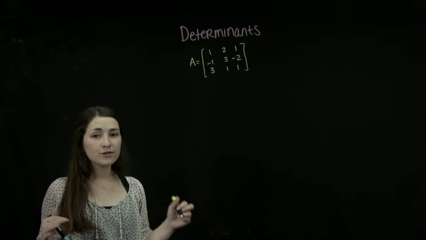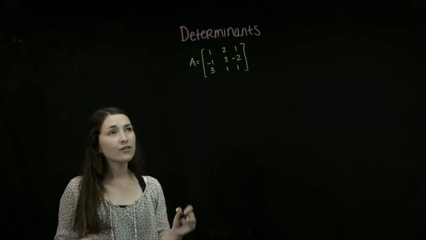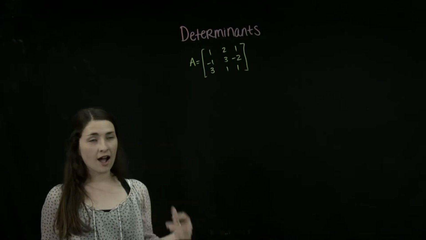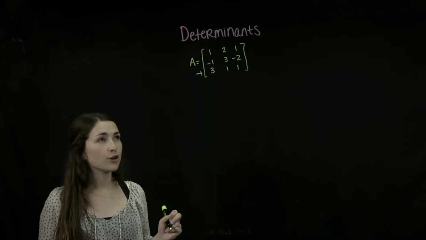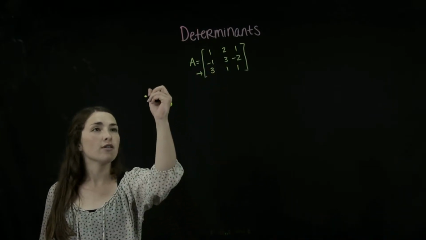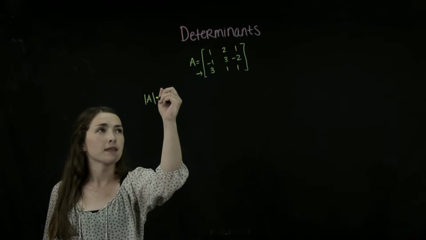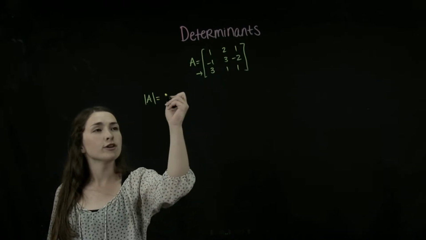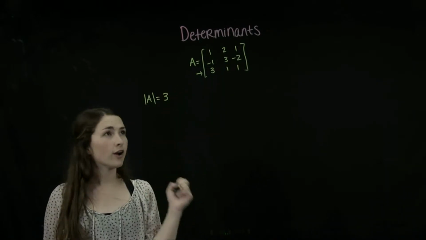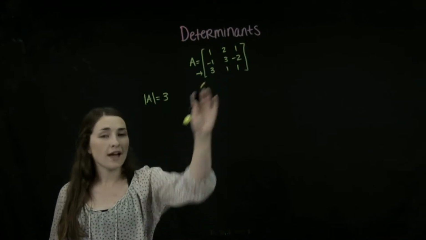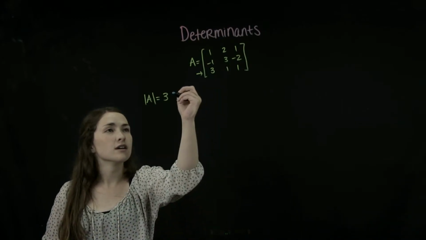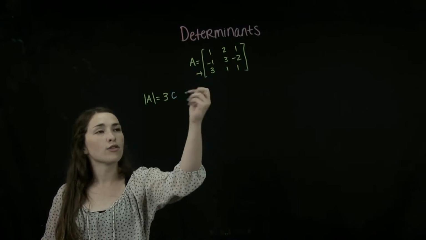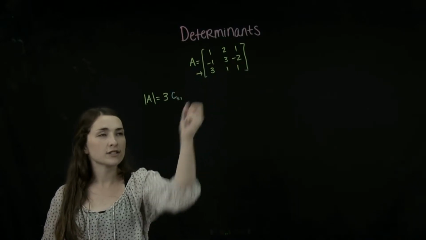Now we know to find the determinant of A, we can either expand along a row or along a column. So let's, just for kicks and giggles, choose the third row here. The determinant of A is equal to the first entry in the row that we are expanding along, so we have 3 times its cofactor. That is going to be C, in the third row, first column.